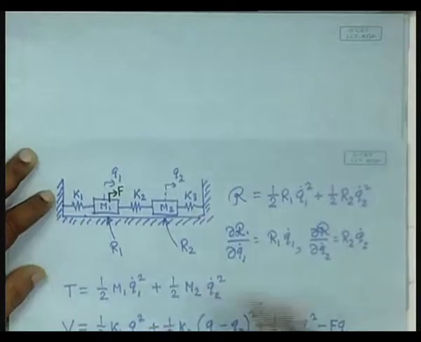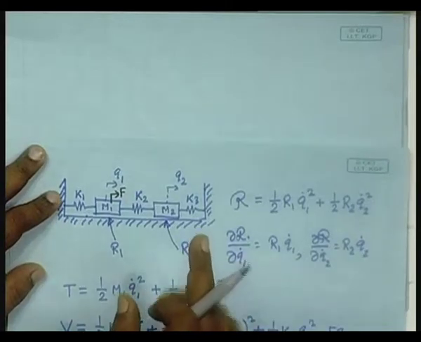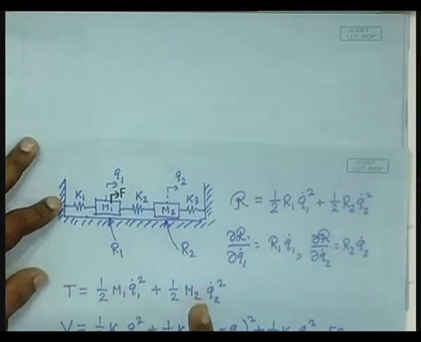For this system, can you visualize what will be the electrical equivalent? We had already seen that there will be two resistances.